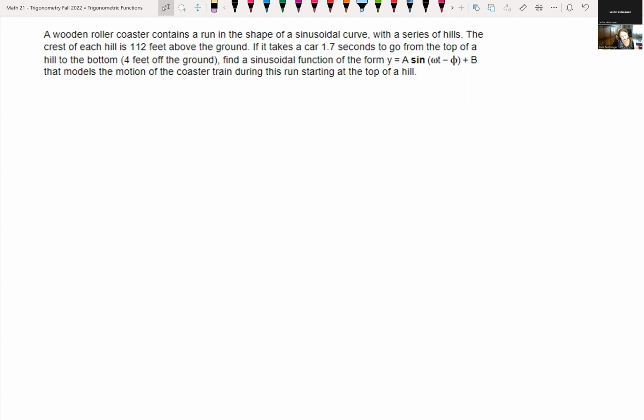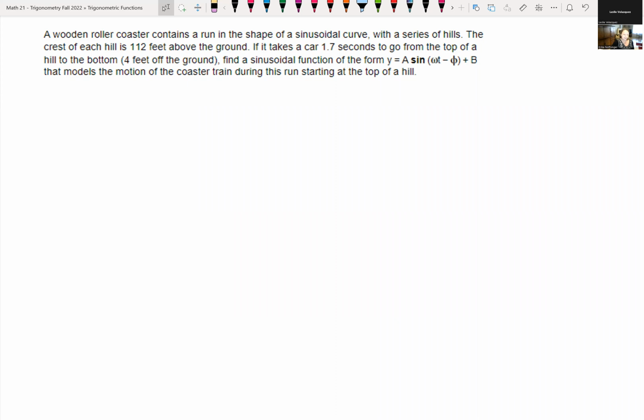A wooden roller coaster contains a run in the shape of a sinusoidal curve with a series of hills. The crest of the hill is 112 feet above the ground, and it takes a car 1.7 seconds to go from the top of the hill to the bottom, which is 4 feet off the ground.